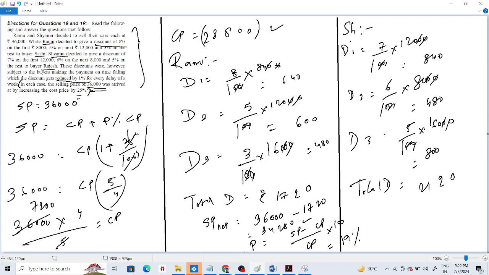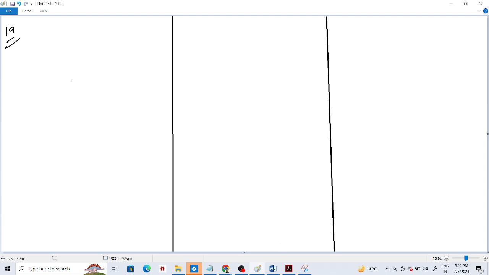So see, Ramu is giving a discount of 8% if you pay it on time. If you delay it by 1 week, what will this discount become? It will become 7%. If you delay it for 2 weeks, what will this discount become? It will become 6%. Understood? So that means, what will be the discount 1?